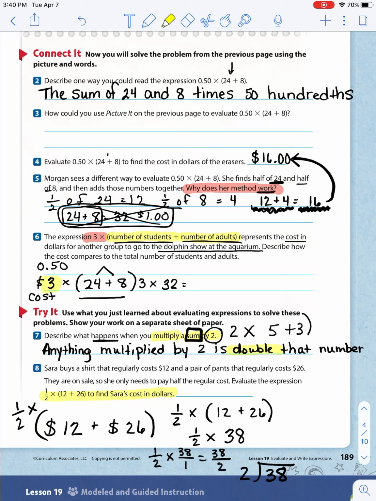Or you can just know that 1/2 of 38 means that you are cutting 38 in half. So you are simply dividing 38 by 2. And your answer is that she spent $19, which is a pretty good price, I would say.